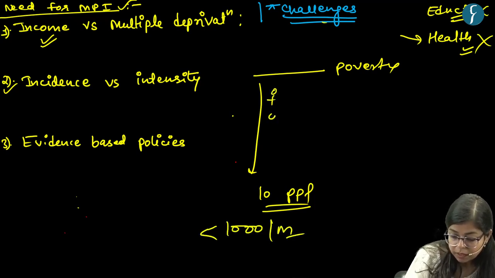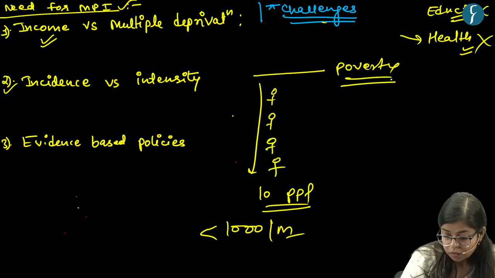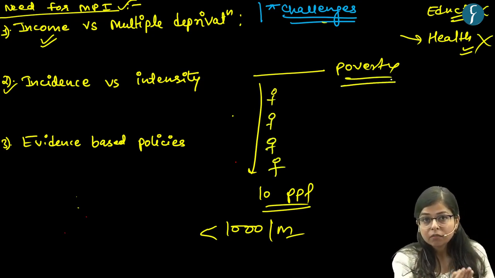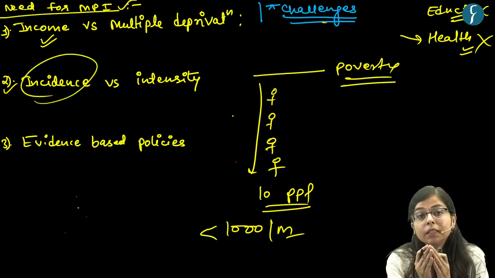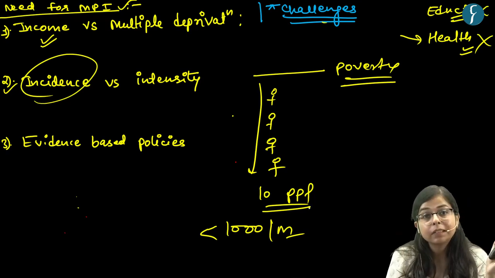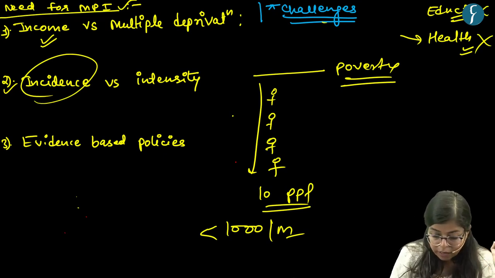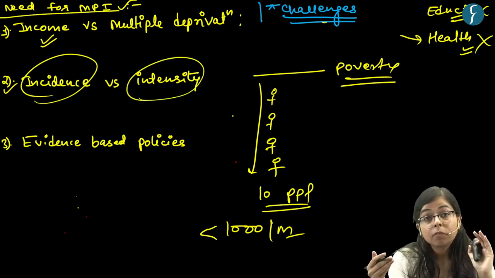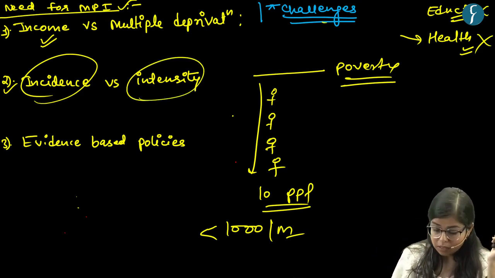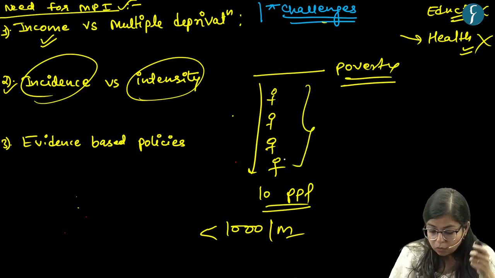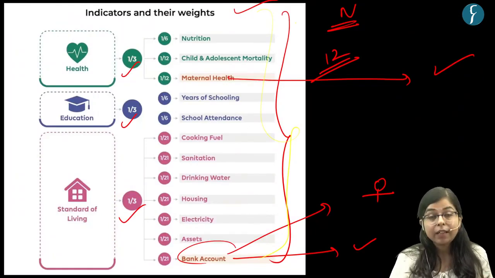So there are 10 people, and all of these people are poor, right? So in the first kind of estimates, we will only know the incidence of poverty in the country, that is how many people in the country are poor. Say there are 10 people in the country who are poor because they earn less than the poverty line, right? Now with the help of multidimensional poverty index, we can find out the intensity of poverty among these people. There can be people who have a different kind of deprivation based on different kind of indicators.